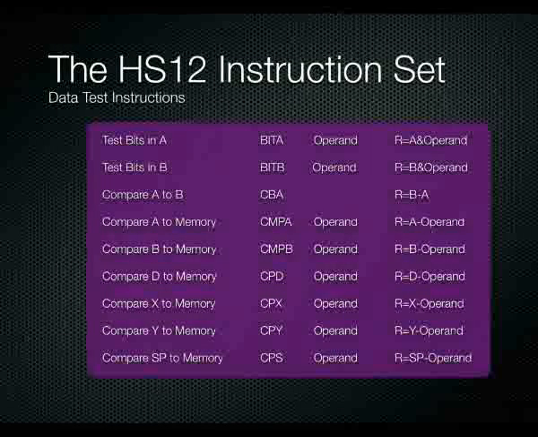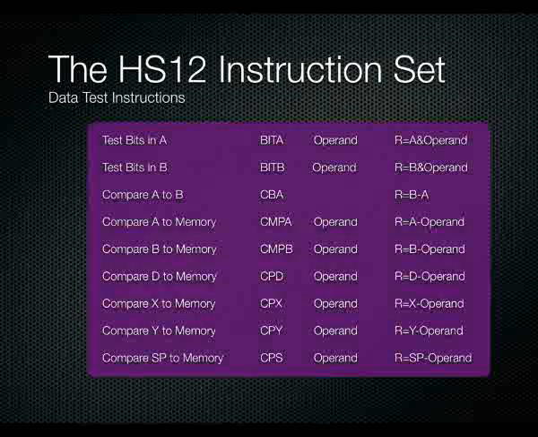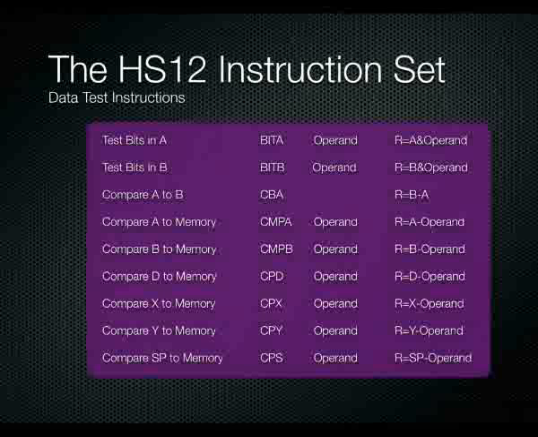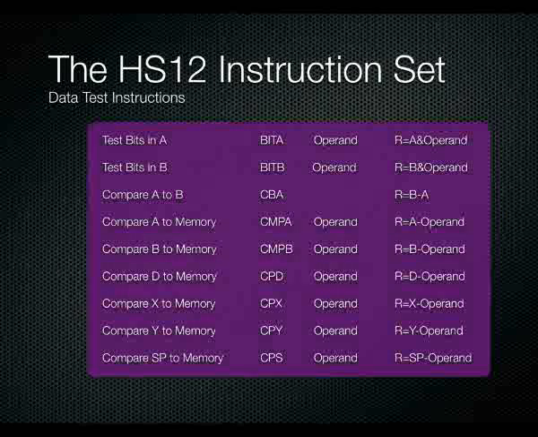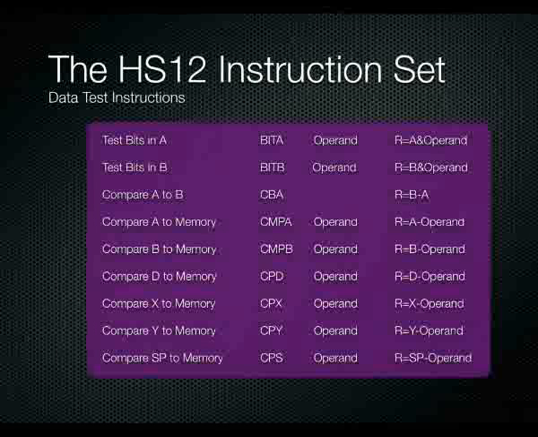We can do a bitwise test in accumulator B. We can also compare accumulator A to accumulator B, so maybe you load a value into A and another value into B, and you want to compare whether they're equal, greater than or less than. We can also compare accumulator A to memory, and accumulator B to memory. We can compare accumulator D to memory using the CPD command.